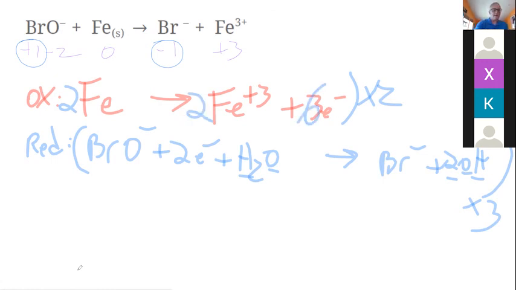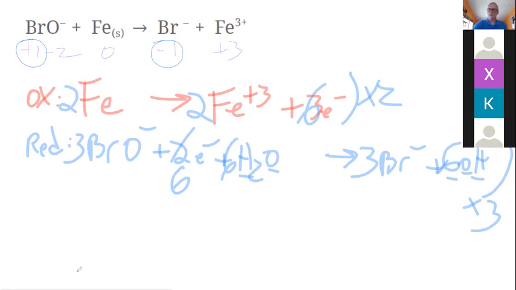I will have 3 bromines, 6 electrons, 6 waters. Let me erase that. 6 waters, 3 bromide ions, and 6 hydroxide ions. So now I've got 6 electrons going in, I get 6 electrons coming out.